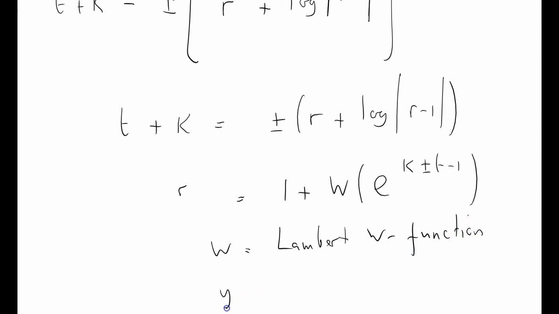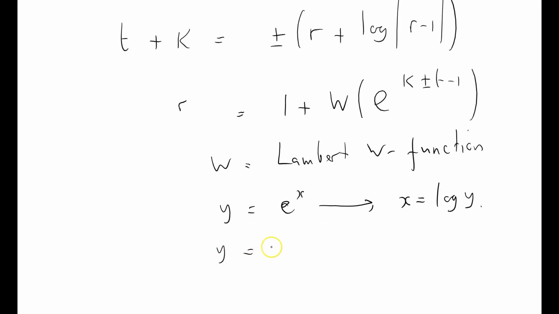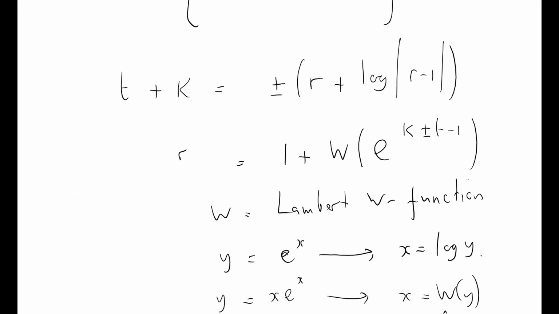If I say that y equals e to the x, that's the same thing as x equals log y. If I say y equals x e to the x, that's the same thing as saying x equals W of y, where W is this Lambert W function. I don't want to labour this point here. I just want to make the observation that we can take this nice geodesic equation and invert it so that r is on the left-hand side on its own. So we can feed it a value of t and read off the corresponding value of r.